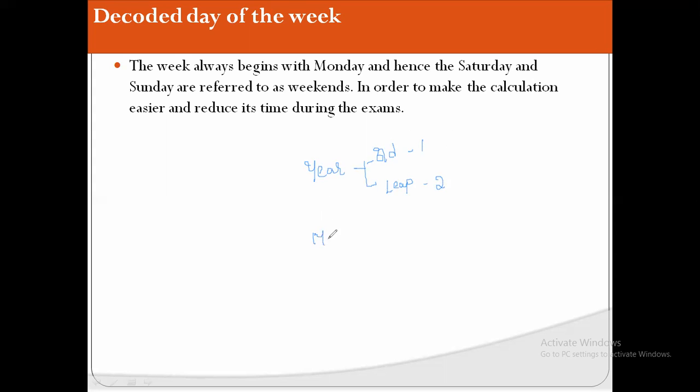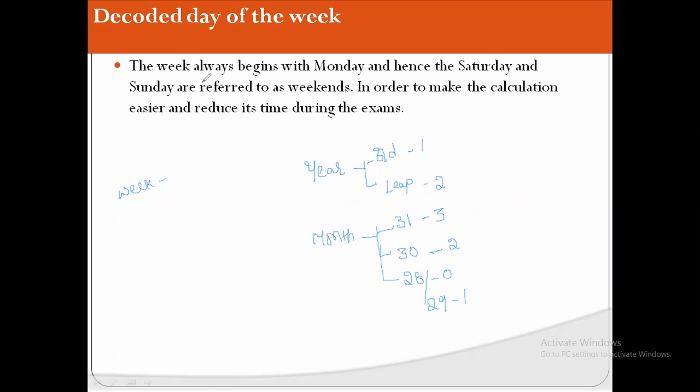Later I gave you a conclusion on the months: 31 days gives 3 odd days, 30 days gives 2 odd days, 28 days gives 0, and 29 days gives 1. Now that years and months are done, the next one is the week.